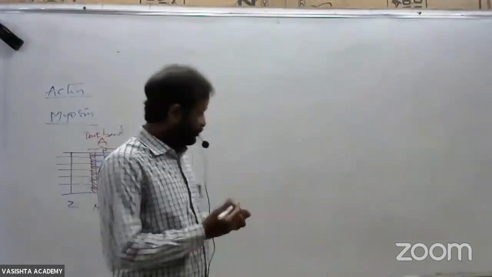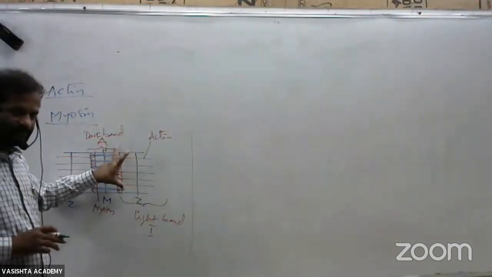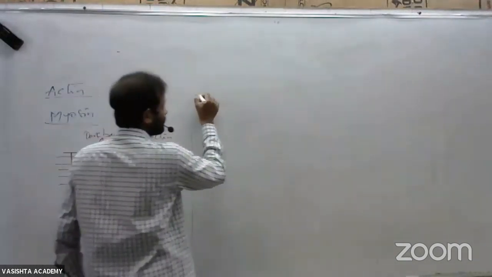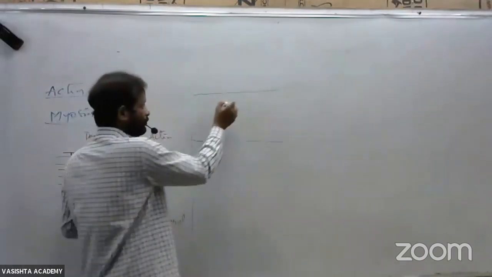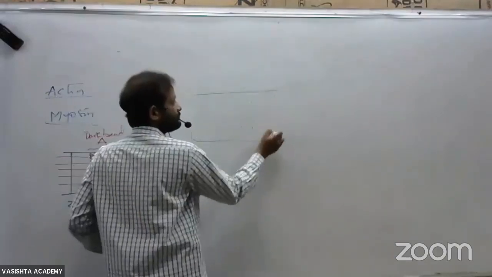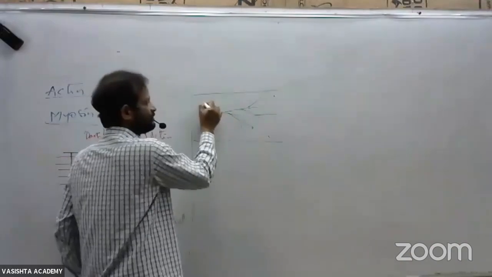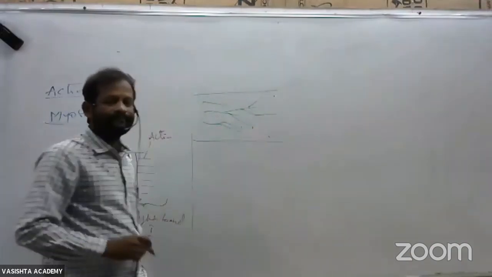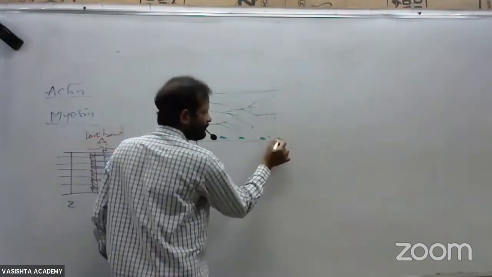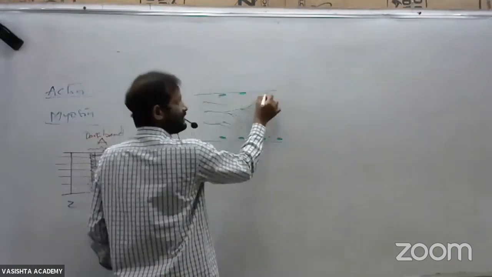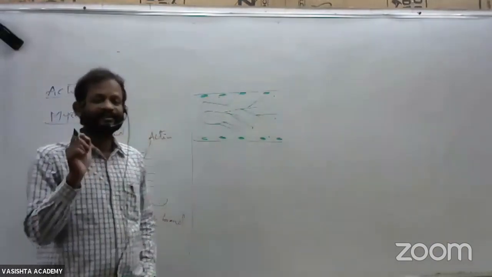Right. Previous to this diagram, before explaining this diagram, I explained another one, that is muscle fiber, sarcoplasm, sarcoplasmic reticulum, highly branched, nuclei. I said if any cell is having many nuclei, that is syncytial condition.